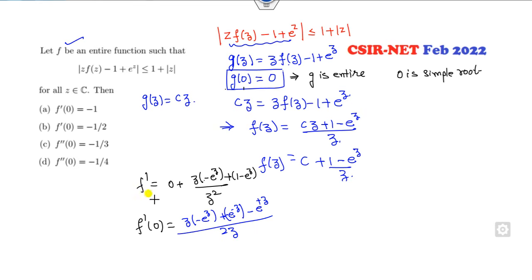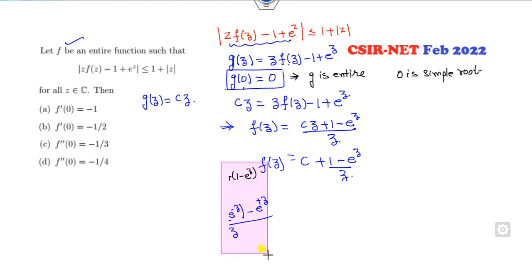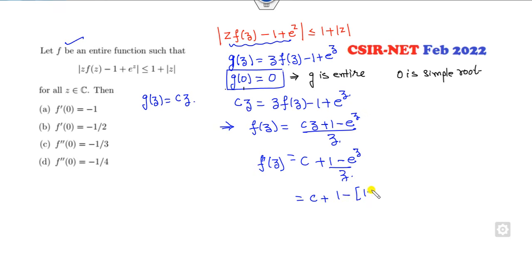Fine. Because I need to find the second derivative also, I can make the calculation a little easier. I can expand the series: 1 plus z square by 2 factorial and so on, divided by z. If I open this bracket, 1 will be cancelled out.